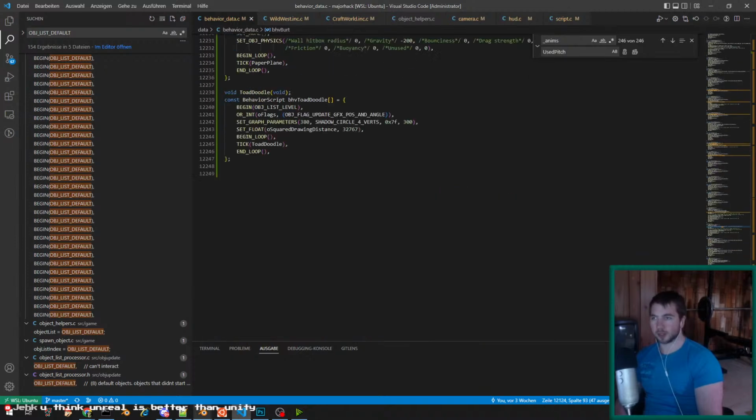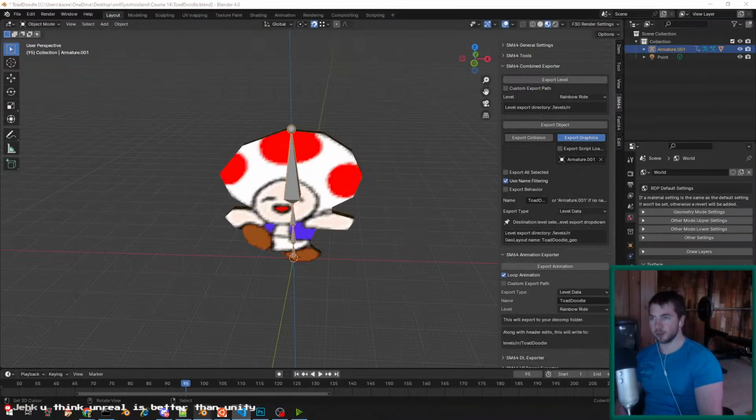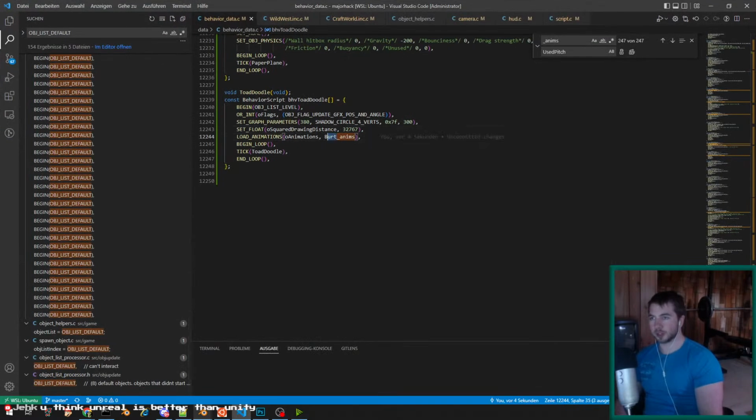I think Unreal is better than Unity. Well, I think both of them are bloated pieces of shit. It's just that Unreal is more practical because I already know how it works.